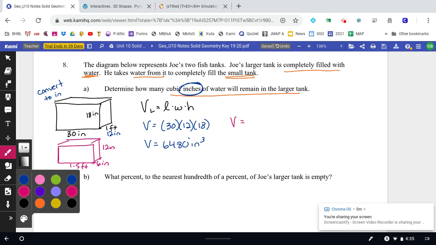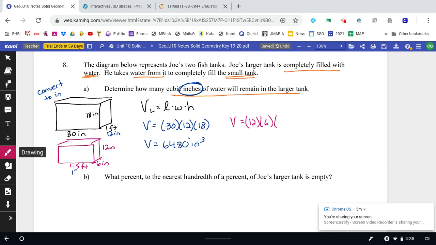In my second one, we've got our 12 inches times our 6 inches. And right over here, my 1.5 feet is going to give me 18 inches. So finding that volume, I get 1,296 inches cubed. So this is my large one, this is my small one.